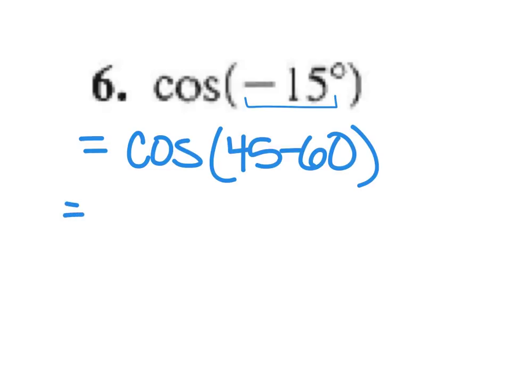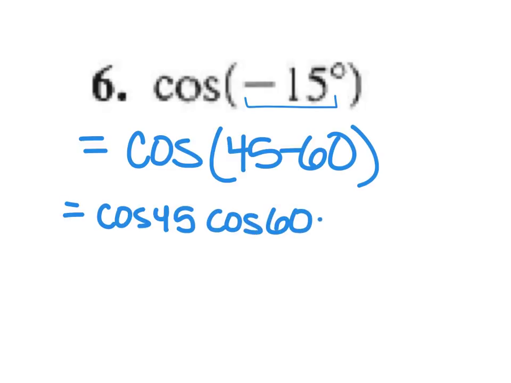And then I can go ahead and expand and say, okay, so this is cosine of 45 times cosine of 60 plus, change the sign, sine of 45, sine of 60.